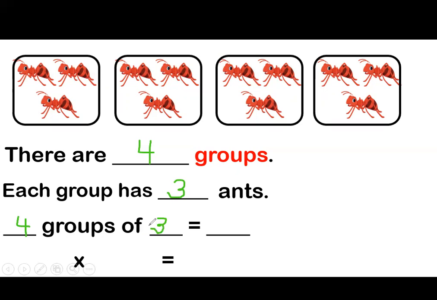Is how many? Is it 22? It's 12. 4 groups of 3 is 12. Very good. 1 clap. 2 claps. Okay, next.